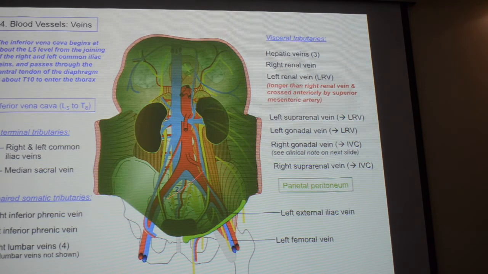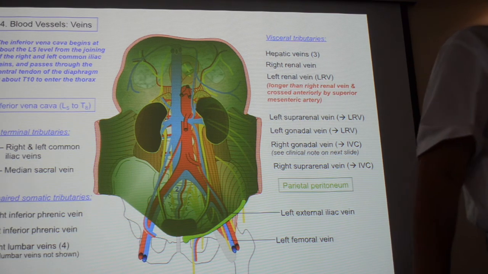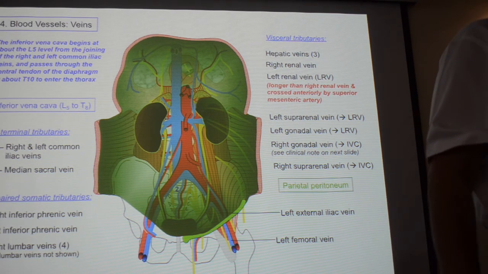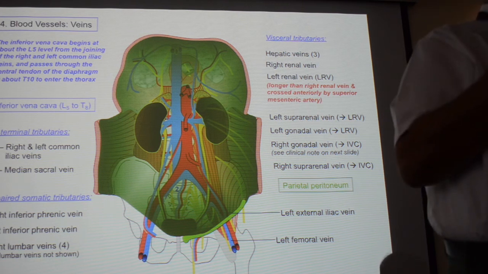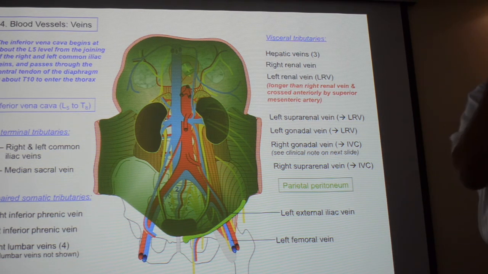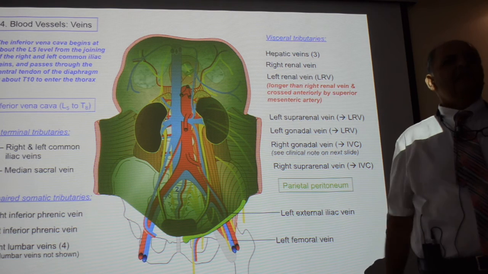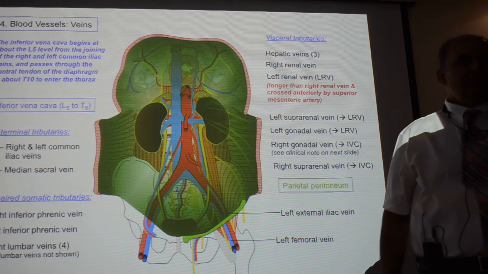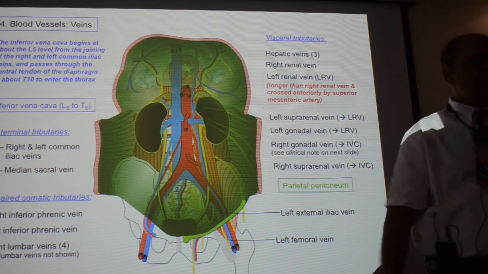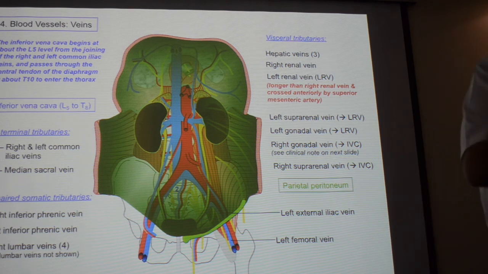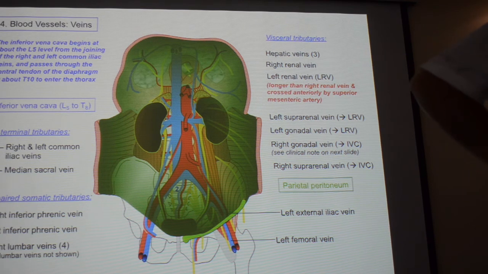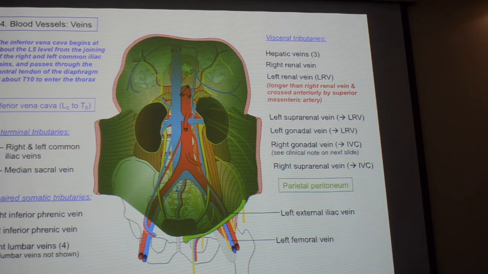What is happening? As I said in the beginning, all these structures are retroperitoneal. So they are covered by the parietal layer of the peritoneum, and it's all behind that. It's not inside. That's why when we operate on the kidney for stone disease or for certain abscesses, we try to go from the back or laterally. We go anteriorly to the kidney only when we are dealing with cancers.